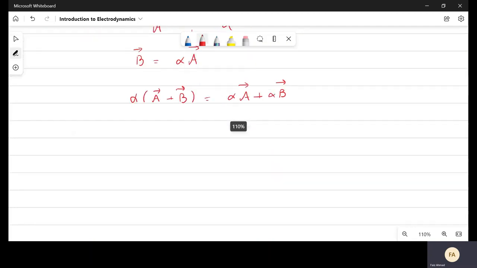So two other types of multiplication are, the first one is the dot product or scalar product.